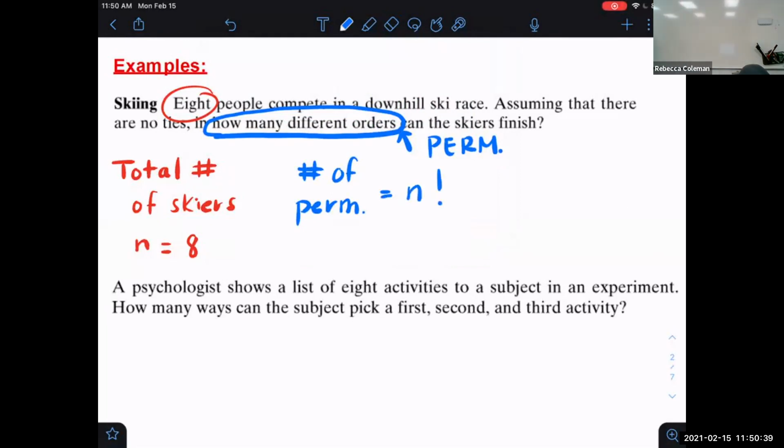N with an exclamation point is called N factorial, and N factorial is a product. It says start with N, whatever it is, and multiply every integer between there and 1. So in this case, we would need to take 8 factorial. I would start with 8, and then just multiply each integer all the way down until I get to 1.